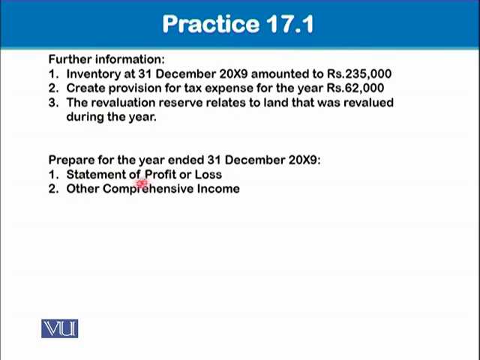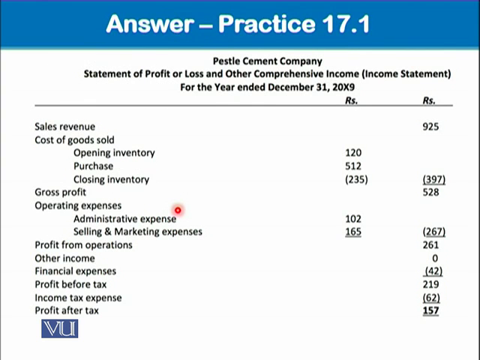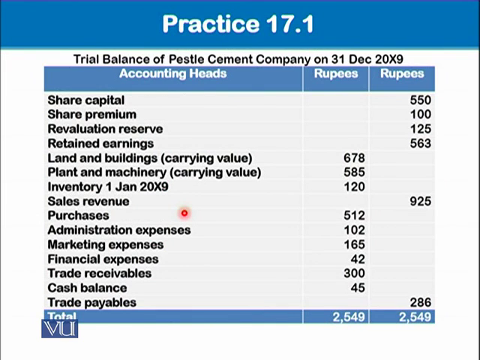We have to prepare the statement of profit or loss and other comprehensive income. So let's see how we will work out this statement. One thing that you should do, which is very important: this is in fact rupees in 1000.